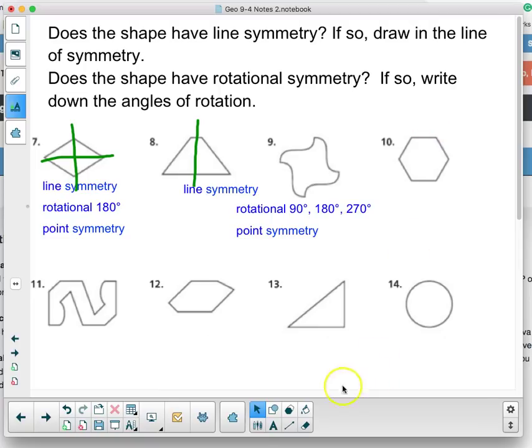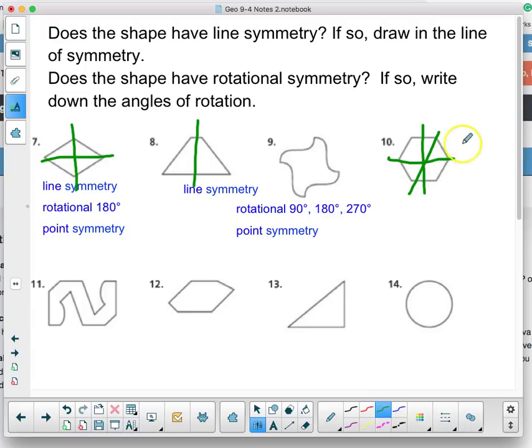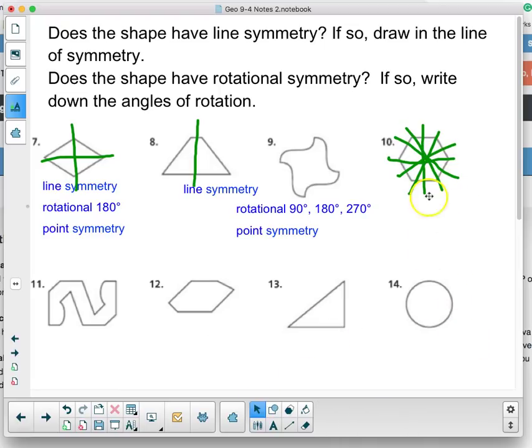Okay, so I have 1, 2, 3, 4, 5, 6 lines of symmetry in my polygon. So I've got line symmetry and I got rotational symmetry because it rotates itself, because it's 360 divided by the number of sides, 360 divided by 6, 60, 120, 180, 240, and 300. And because it has 180 exactly, it has point symmetry.